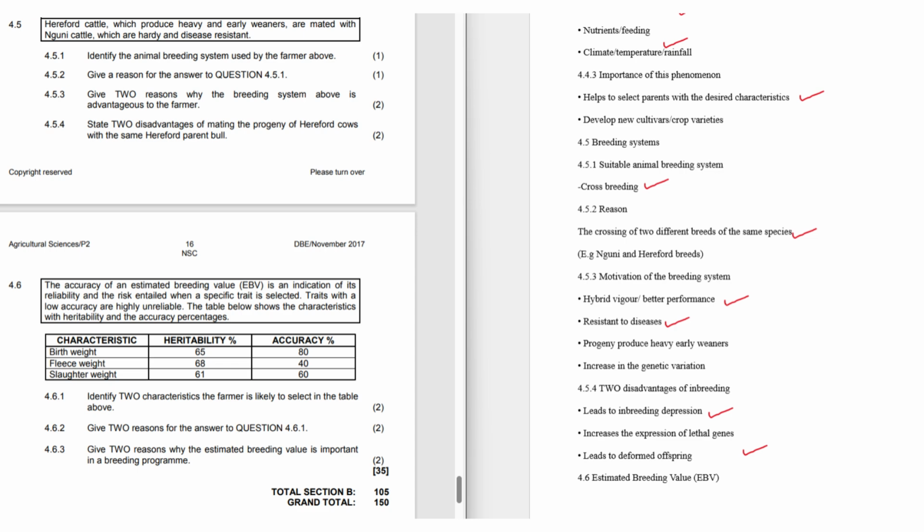The offspring can have difficulties walking, difficulties raising, all those things. That's why we say the offspring can have defective traits, or we can just say deformed offspring. Deformed offspring is correct.